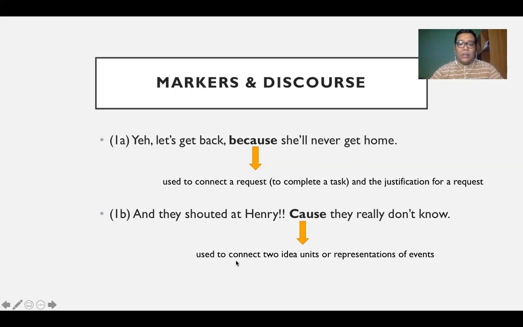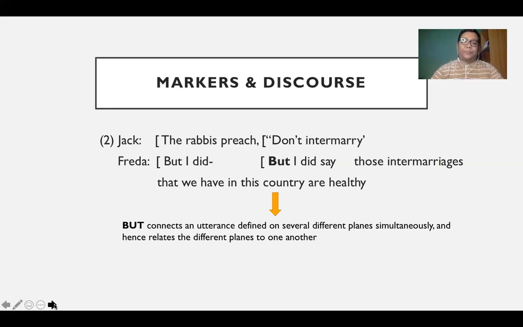Here, it was used to connect two idea units or representations of events. So in this context, we can consider 'cause here as functioning as a discourse marker rather than a subordinating conjunction.